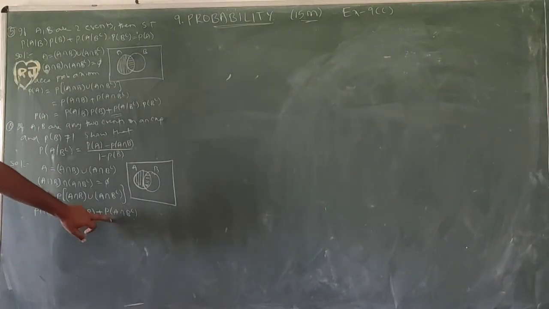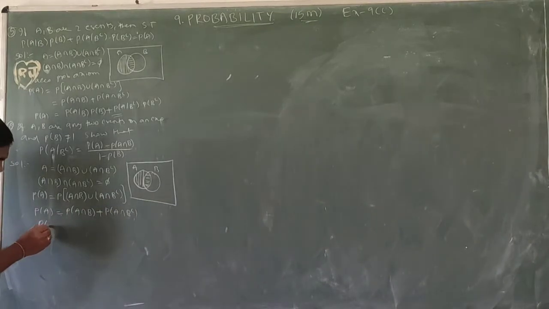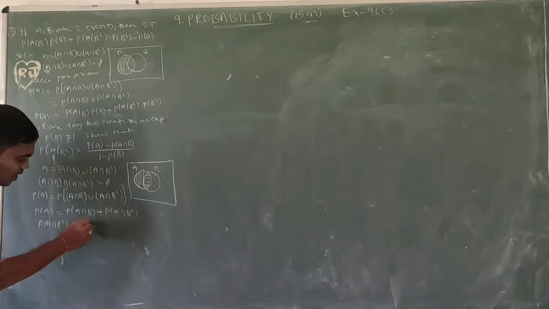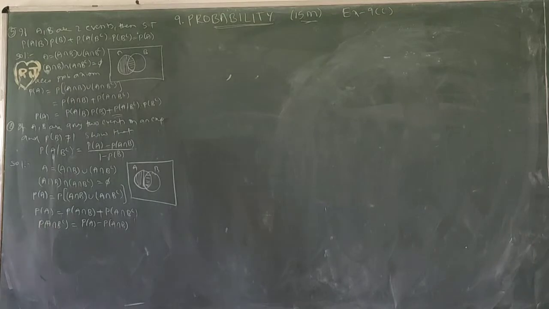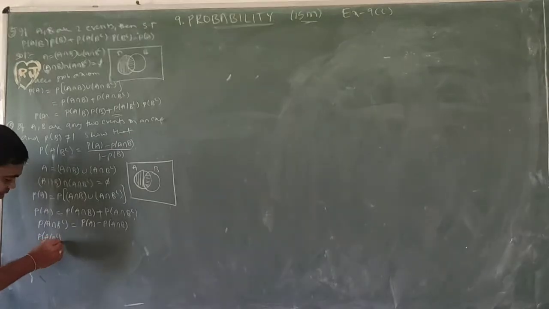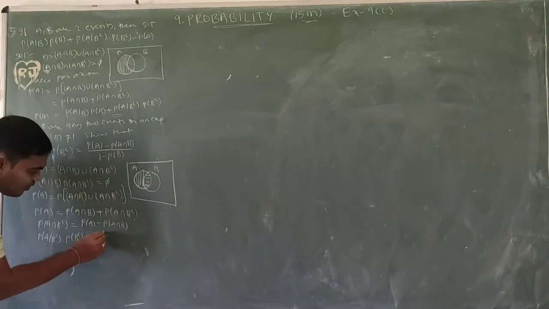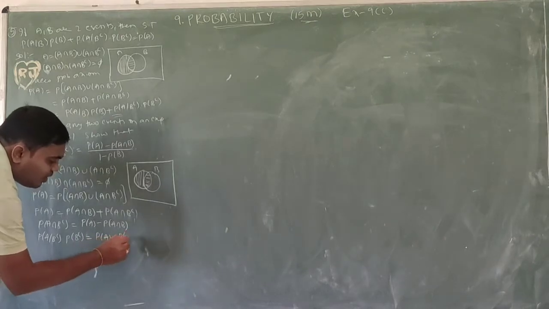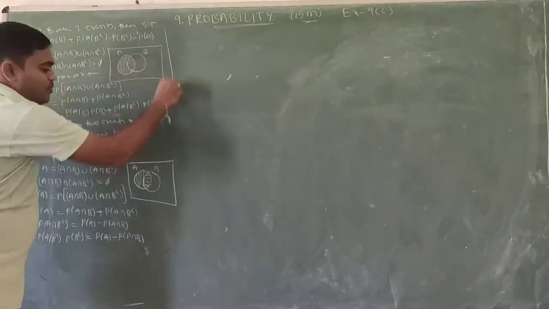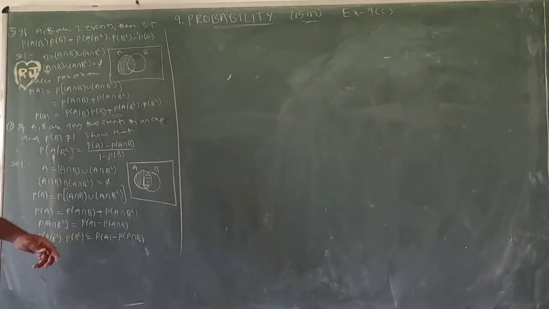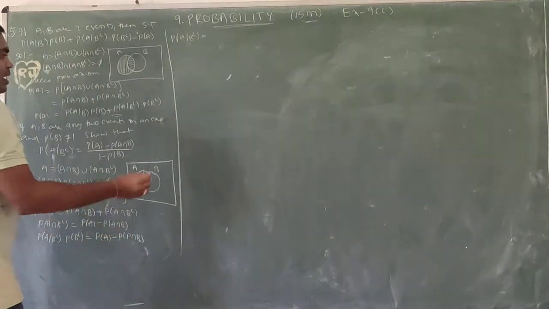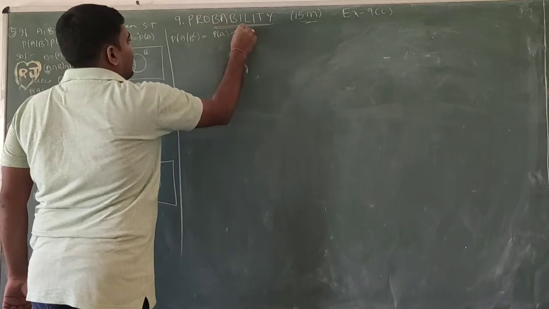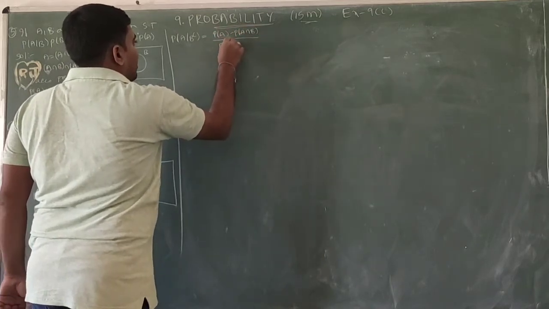Bringing this one outside, P of A intersection B complement equals P of A minus P of A intersection B. By the multiplication theorem, P of A given B complement into P of B complement equals P of A minus P of A intersection B. Now bringing P of B complement outside, P of A given B complement equals P of A minus P of A intersection B by P of B complement.